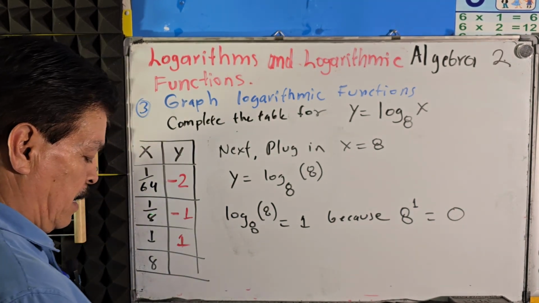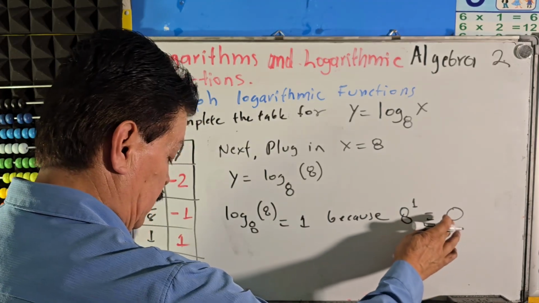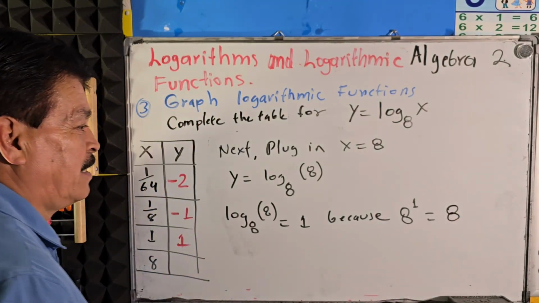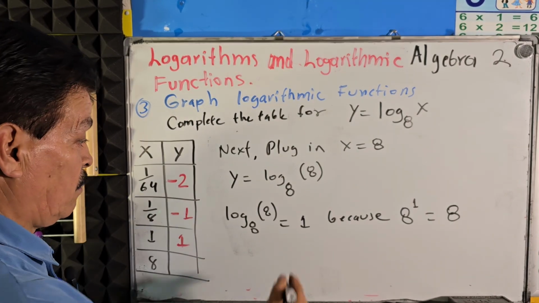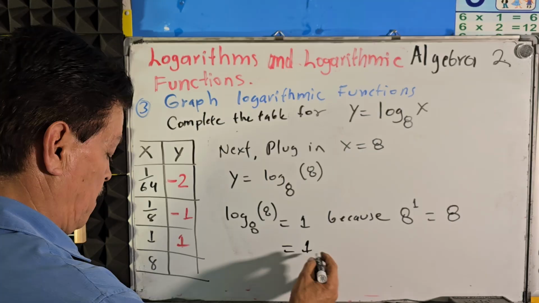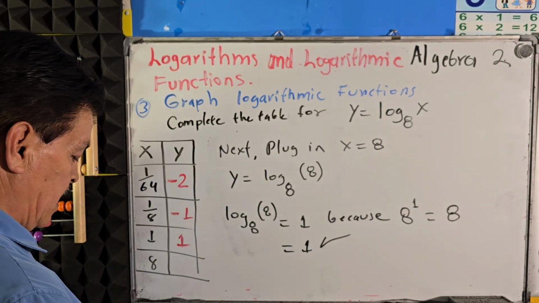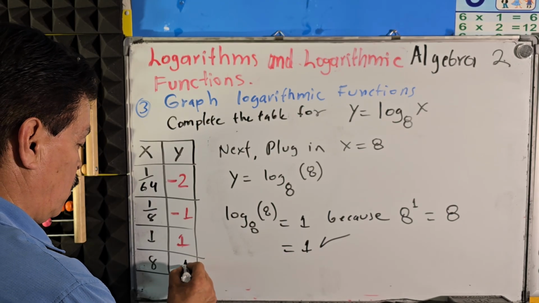So here, I mean, not zero. It equals 8. It equals 8. So not zero. So here it equals 1. So our next section equals 1, 2.